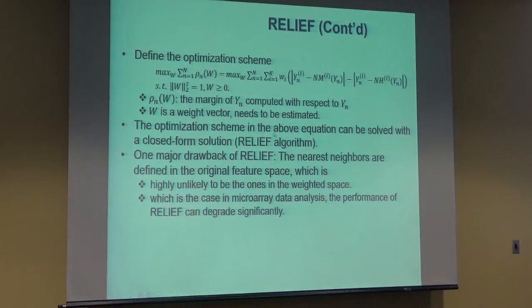The optimization scheme in the above equation can be solved by the closed form solution. One major drawback of Relief is that the nearest neighbors are defined in the original feature space, which is highly unlikely to be the ones in the weighted space, which is the case in microarray data analysis. So basically this is more like a KNN type approach, but it's slightly different than KNN.